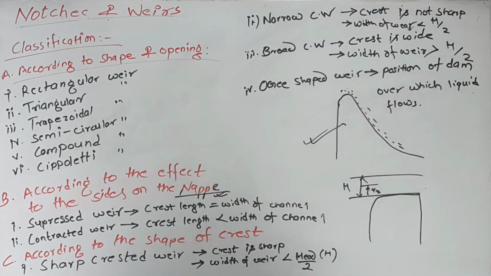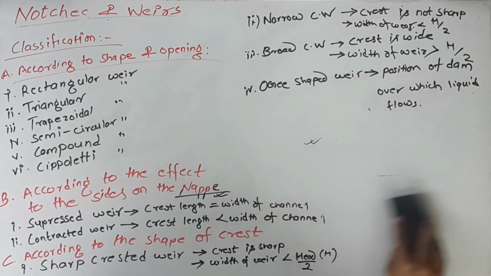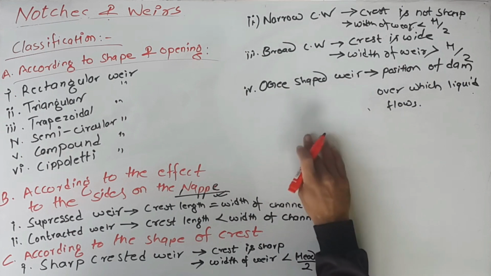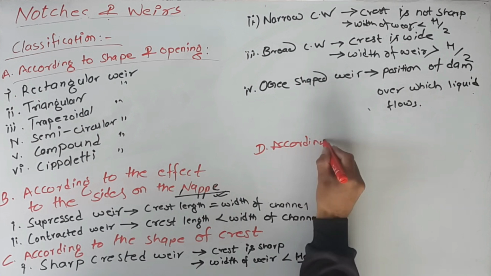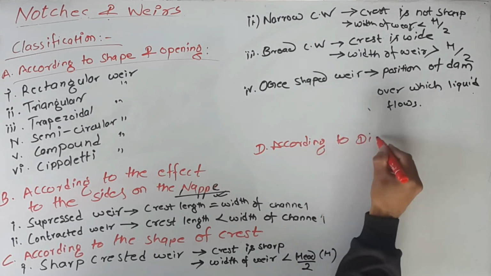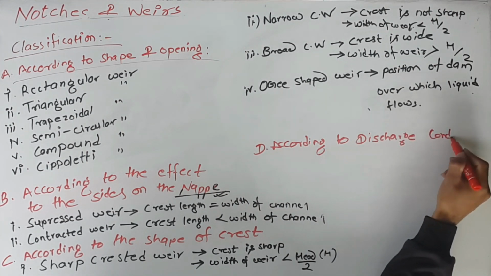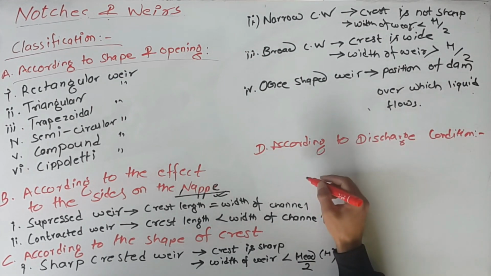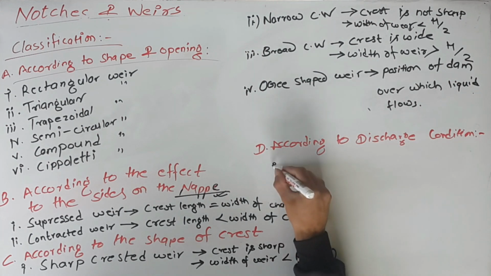Now we have another basis according to the discharge. According to the discharge condition, we have two types of weir. First one is ordinary or free discharging weir.